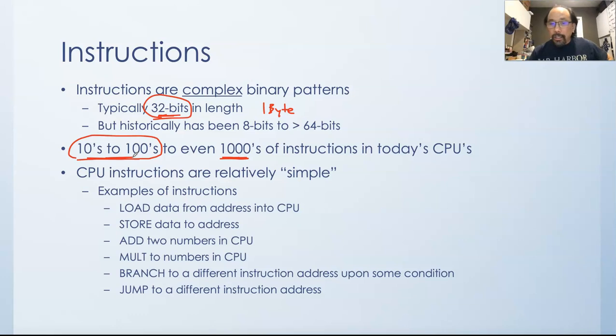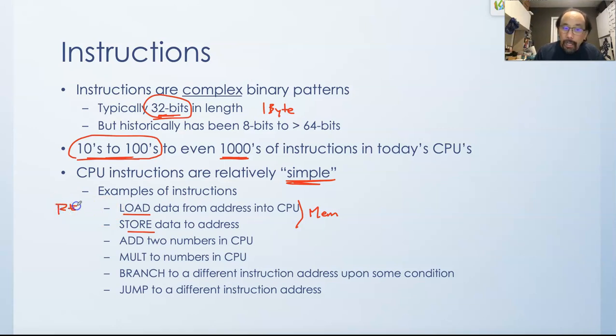Now, instructions in a CPU are actually very, very simple. And I want to give you an idea of what a CPU instruction is like. You have what's called memory type instructions. They load or store data to and from memory. Load is just another word for read.